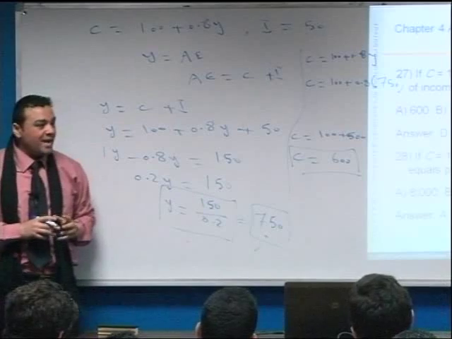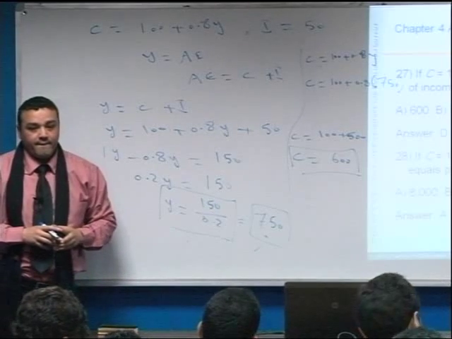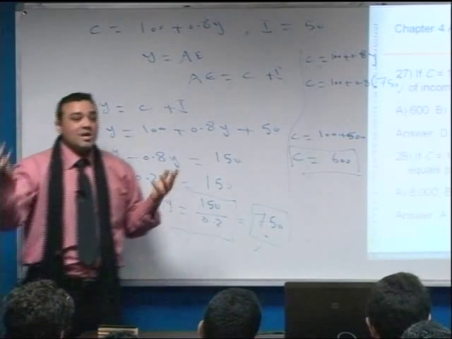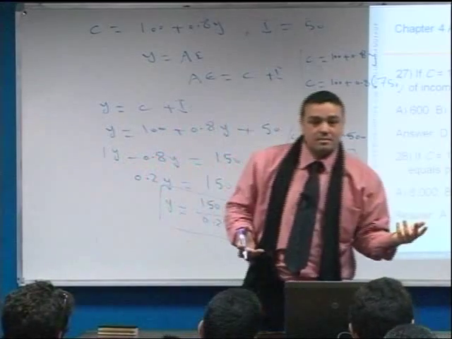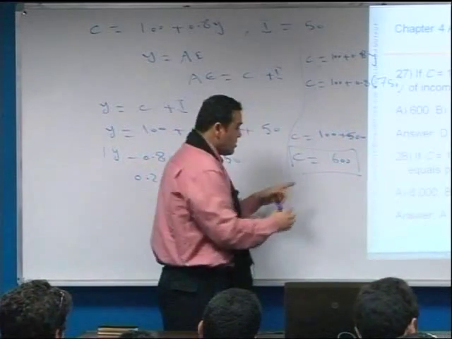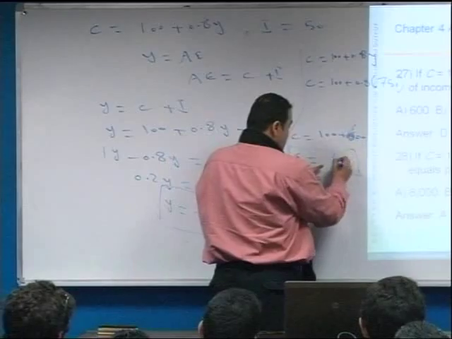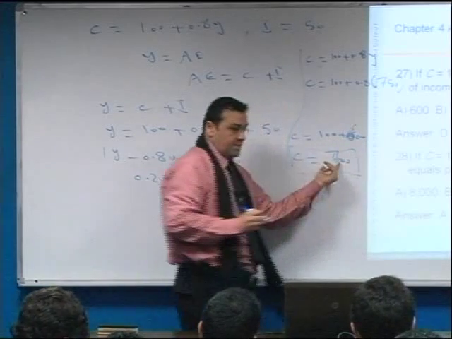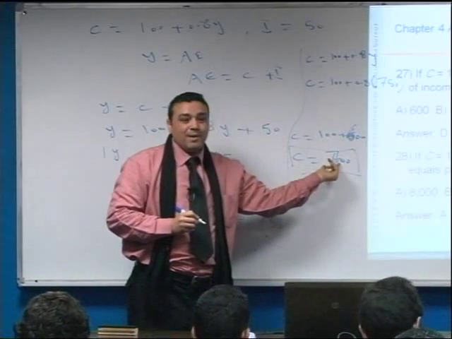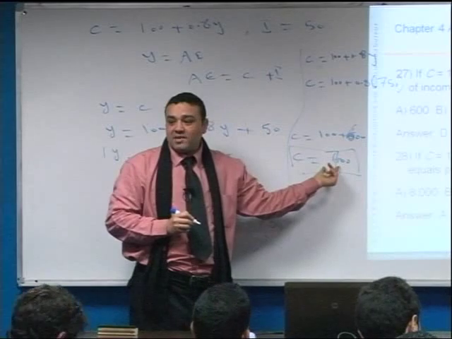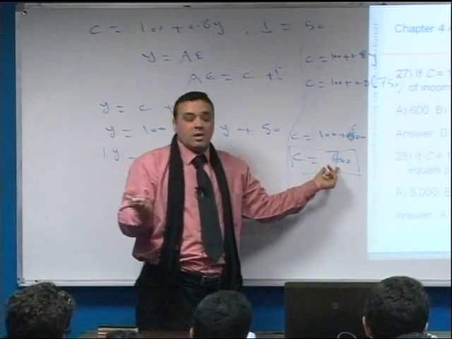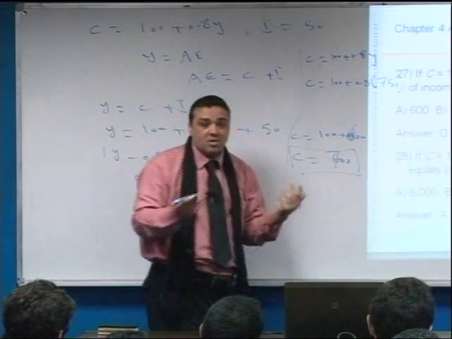What about the value of saving? Saving equals Y minus C, right? So okay, this is 600. Okay, 600. So it should be 700, right? What about the aggregate saving? Saving equals Y minus C when there is no government.